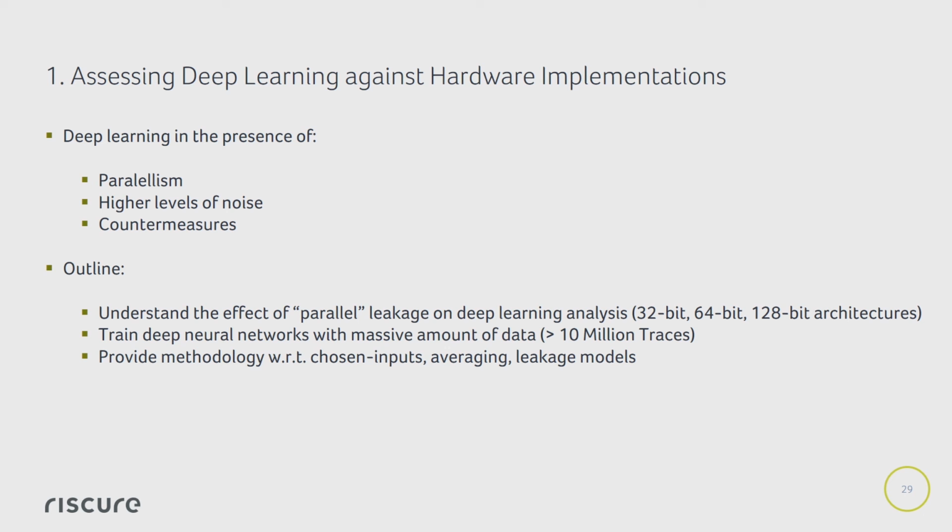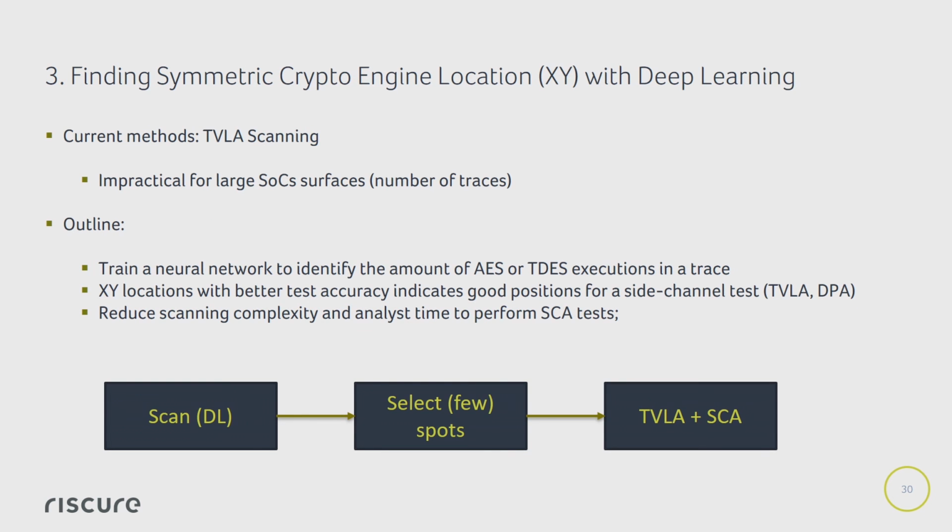And a second topic, which is still not defined if it will be applied this year, is an idea to reduce effort and time in leakage assessment. To summarize, when you do a leakage assessment for electromagnetic analysis, you need to scan your chip until you find the location of the crypto, and usually use TVLA or t-test for this as a reference.